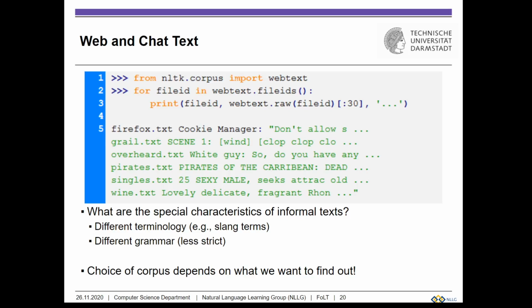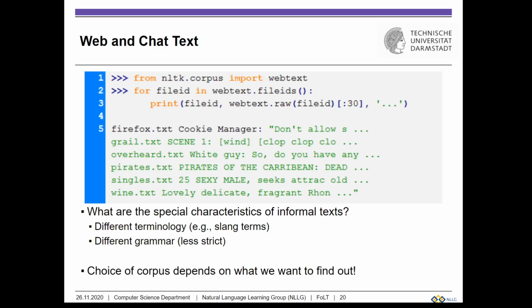So one difference is on the level of the words, and the other difference is maybe on the level of the grammar. Maybe it's less formal. Maybe there are grammatical errors, because not only native speakers make grammatical errors, especially non-native speakers make them, right? So there may be grammar and vocabulary differences.